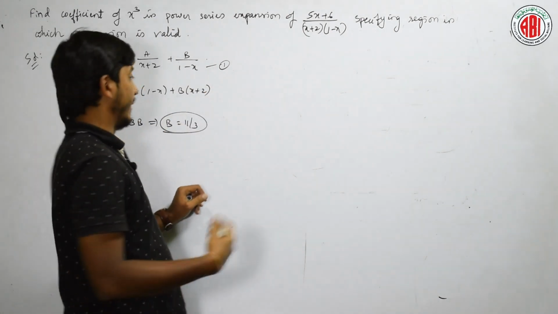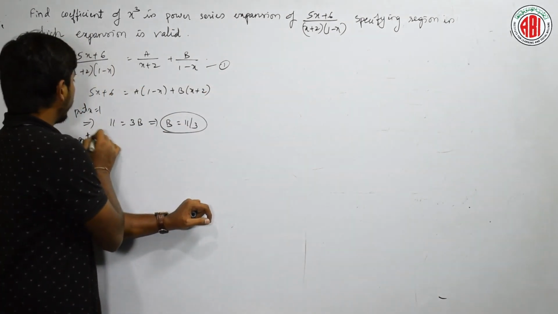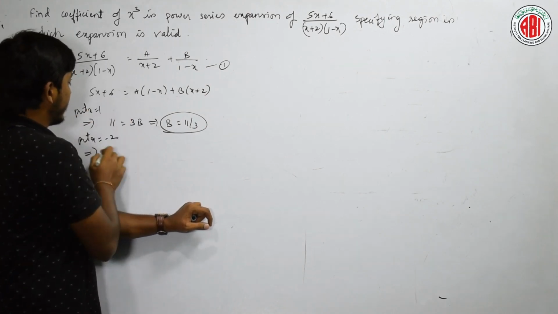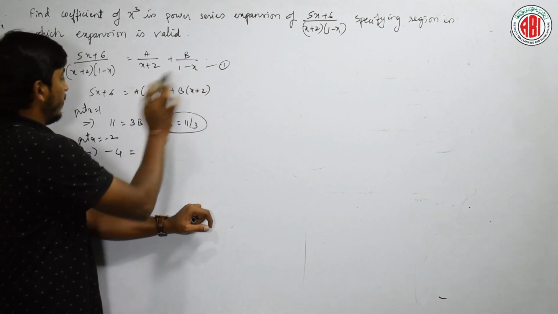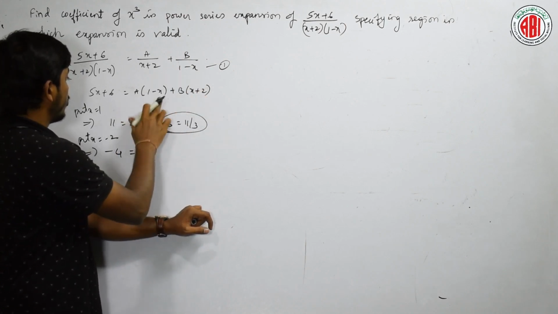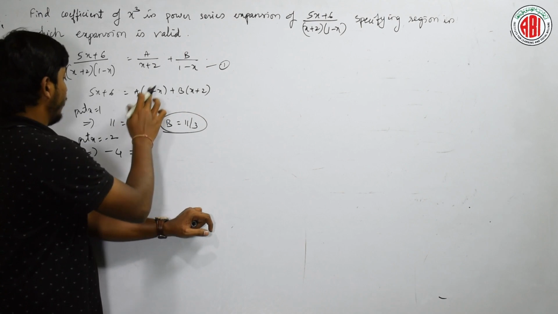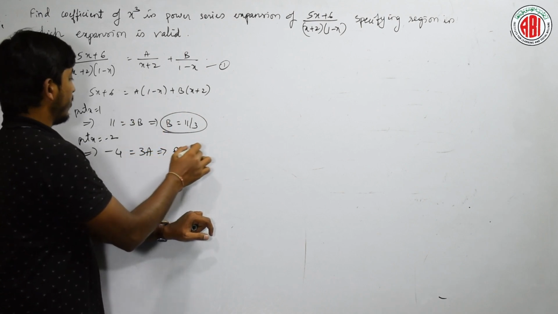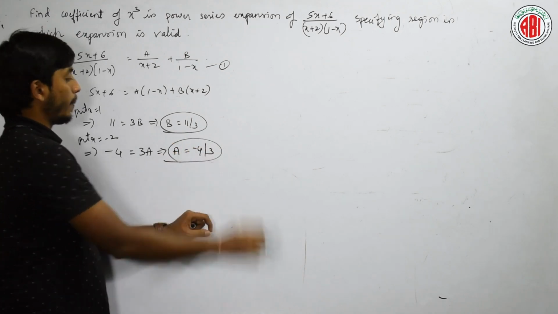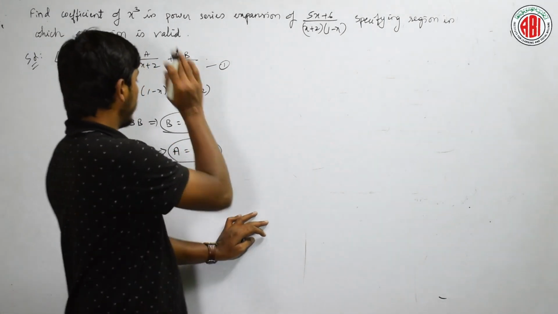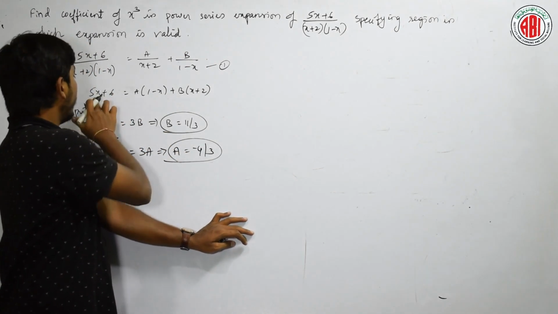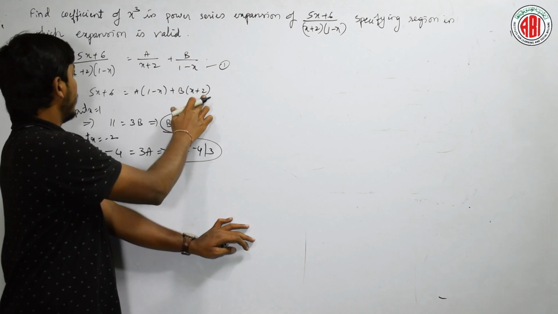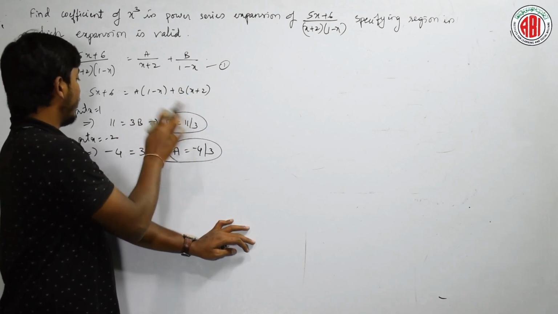Next, put x is equal to minus 2. I will get minus 10 plus 6, that is minus 4. We will lose this term. I will get minus 2 minus 1, I mean 1 plus 2, that is 3a, so a is equal to minus 4 by 3. Is it right? Once again check: 5 plus 6 is 11, 1 plus 2 is 3, 3b equal to 11, b equal to 11 by 3.